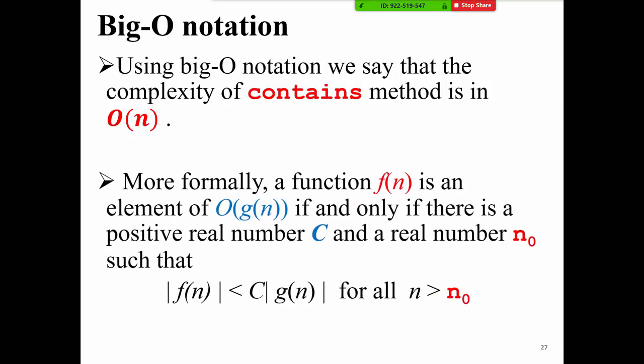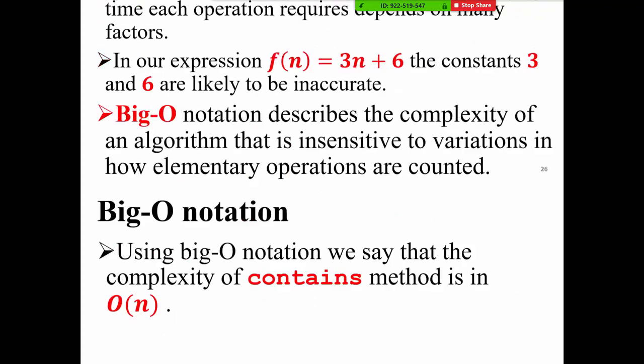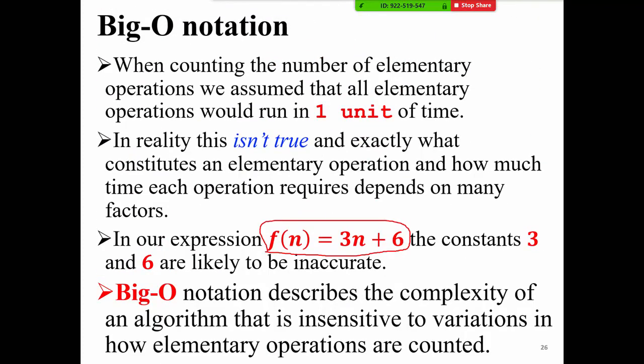All these O of n functions are linear time. So 3n plus 6 is a member of the family of n. We can find n0 and a constant, and the dominant term in this function is n.